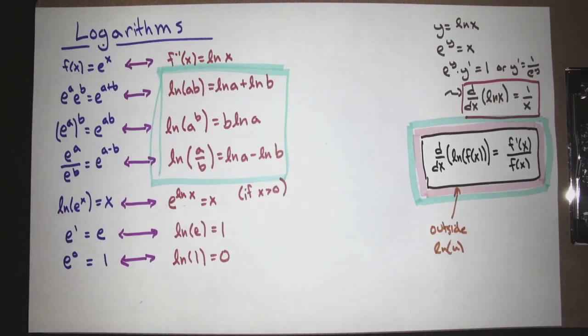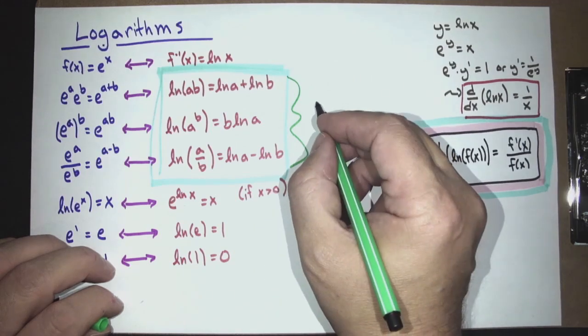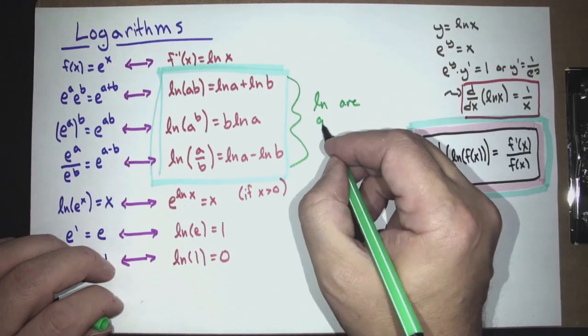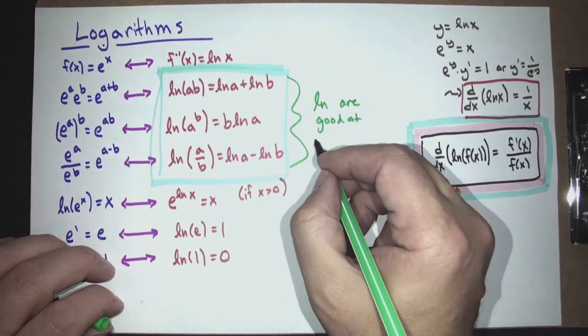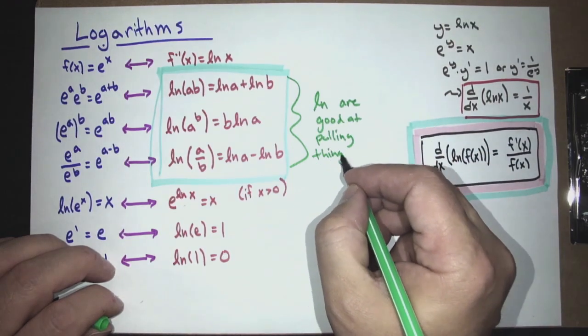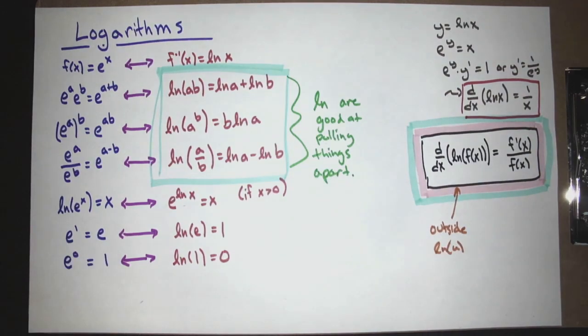And all these ideas here, again, these are things that you should know by heart. This just says logs are good at pulling things apart. And sort of the moral of this is one of the philosophies in math that says, look, if you have a big problem, try to turn it into a bunch of small problems, because small problems are usually a lot easier to do.